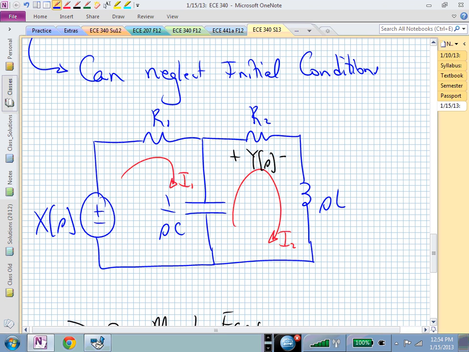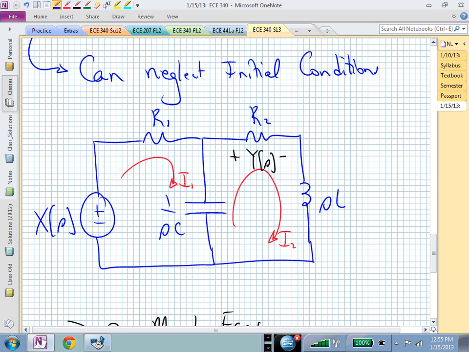What I'm doing when I write my KVLs, in this case a voltage drop on that capacitor, I'm assuming the passive sign convention. And I'm saying I want a drop, I'm saying plus this voltage. If it turns out that I2 is bigger than I1, then it won't be in that polarity. But the polarities will take care of themselves if I'm consistent.